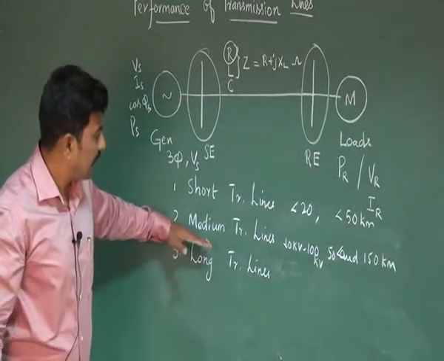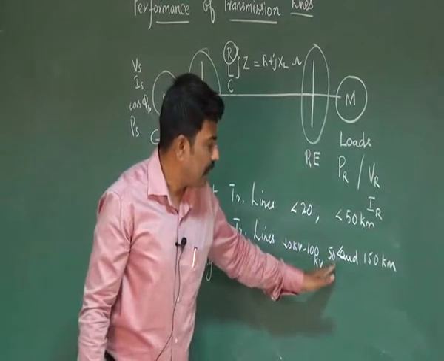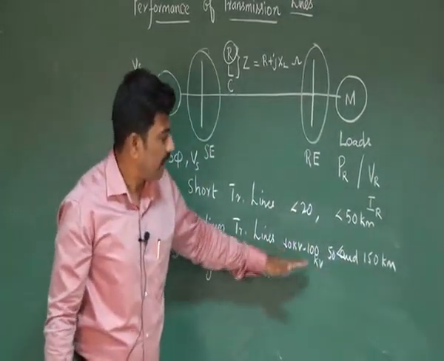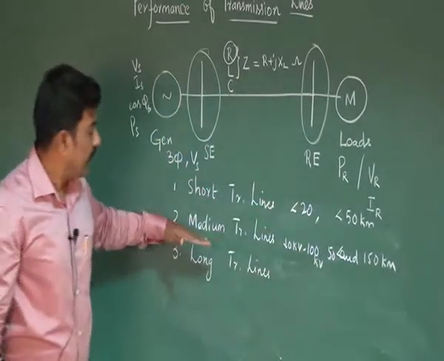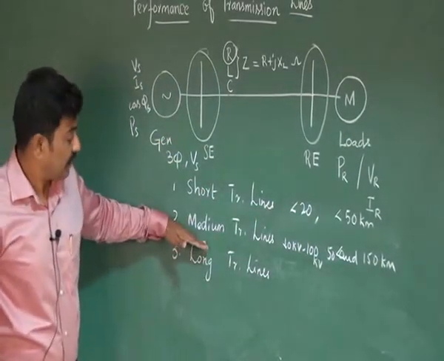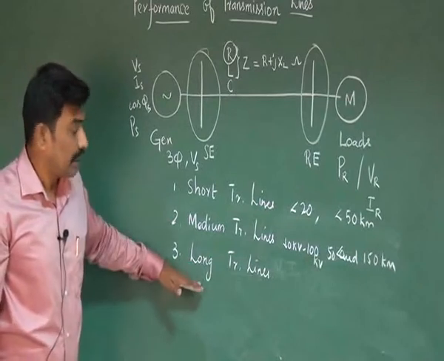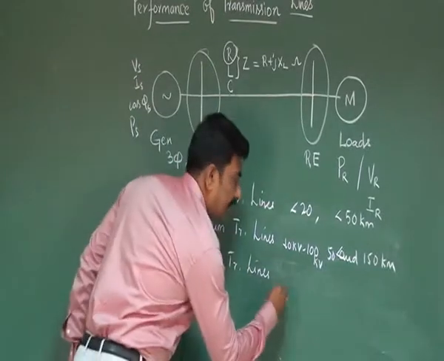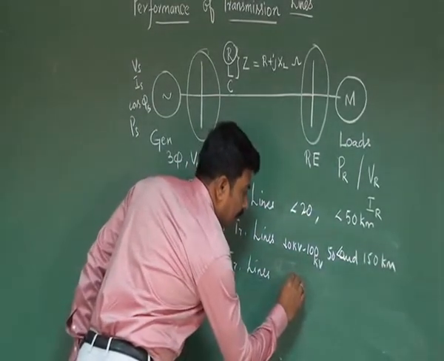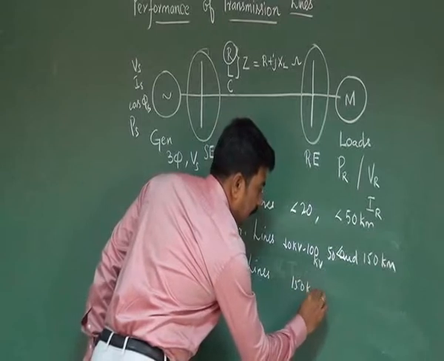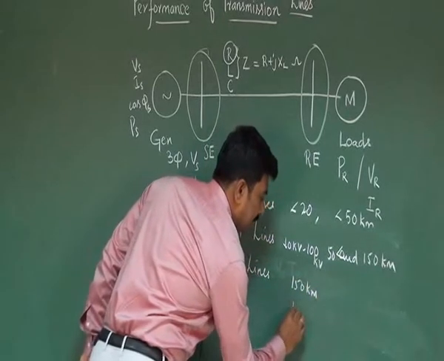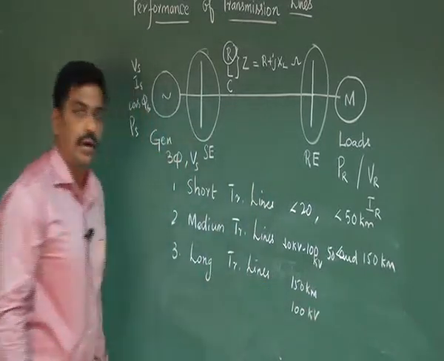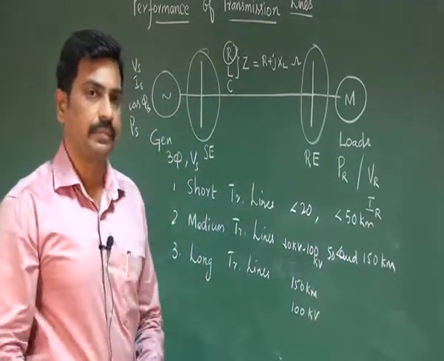So if the length lies between 50 and 150 kilometers and the operating voltage lies between 20 kV and 100 kV, these lines are classified as medium transmission lines. The last one is long transmission lines. If the line length exceeds 150 kilometers and the operating voltage exceeds 100 kV, we call these lines long transmission lines.